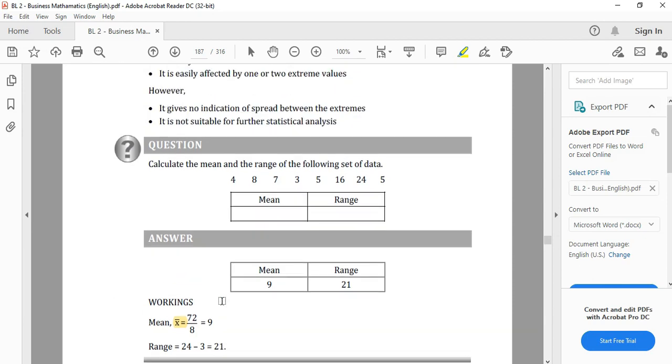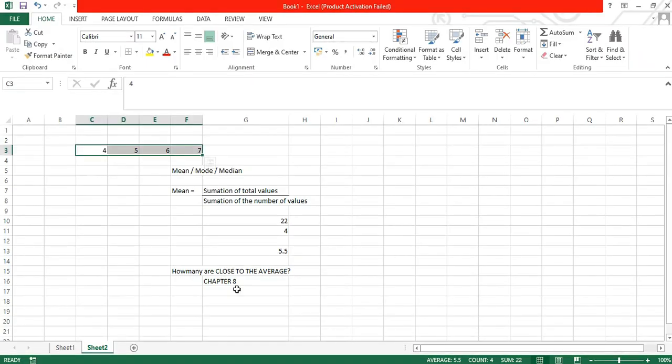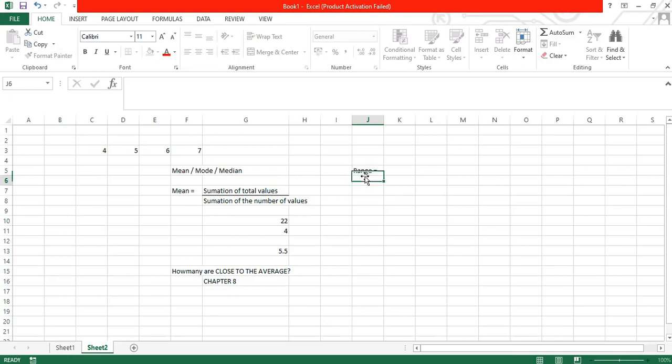However, they said the range formula is highest observation minus lowest observation. So the range formula is highest value less the lowest value.